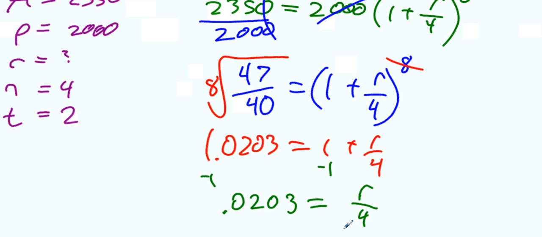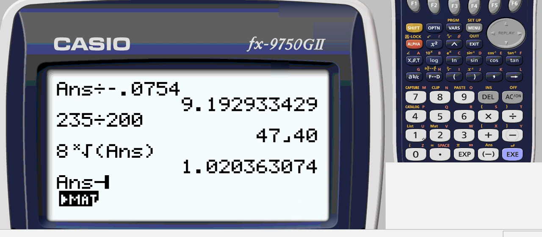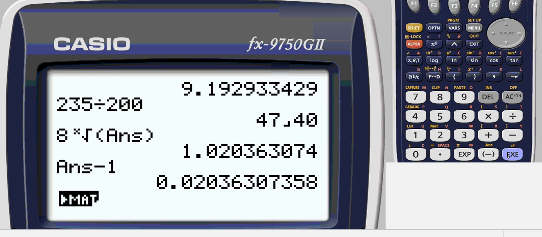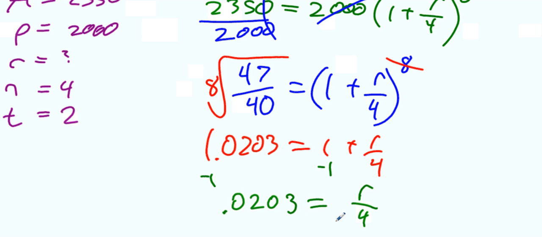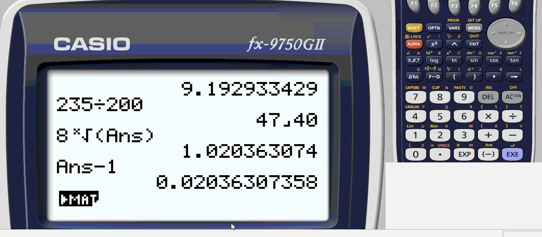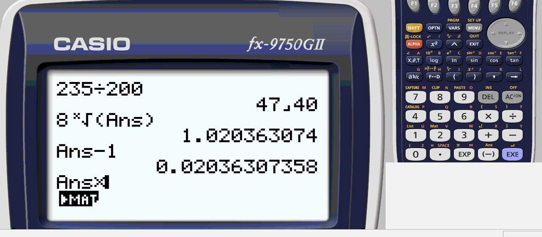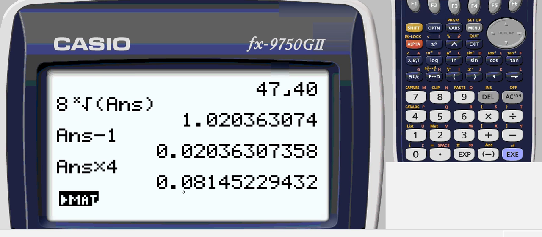equals R over 4. We subtracted the 1, and now multiply by 4. So we get R is 0.0815.